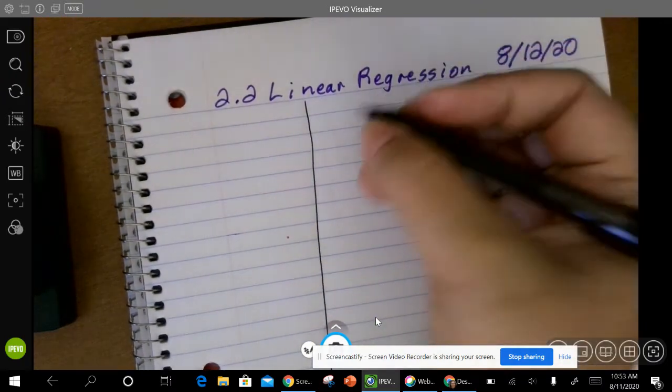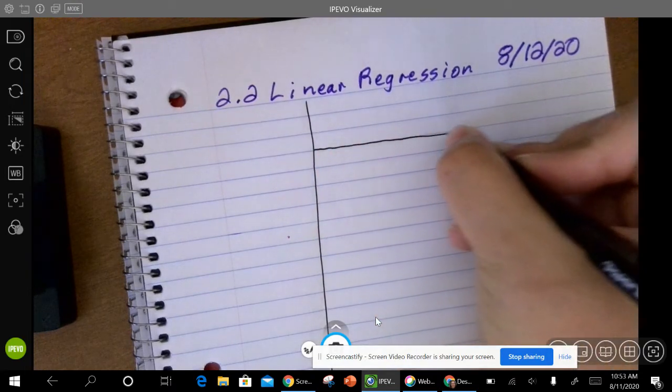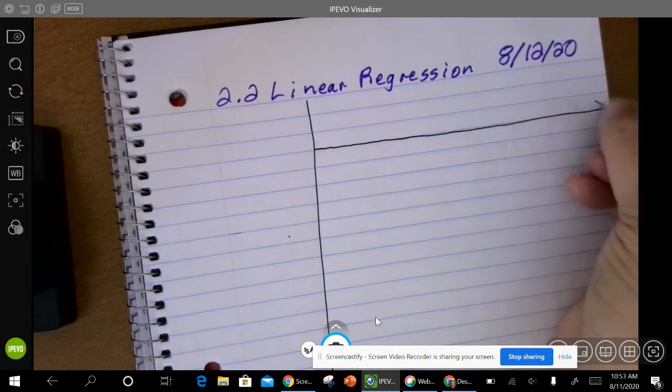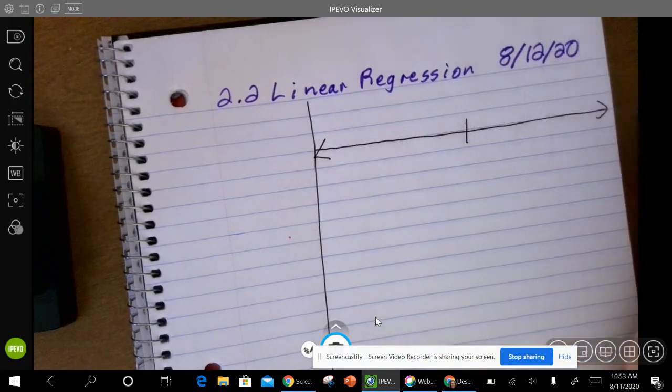Okay, so we're going to use a number line. I'm a visual person, so we're going to figure that out. So let's see, this is about halfway.